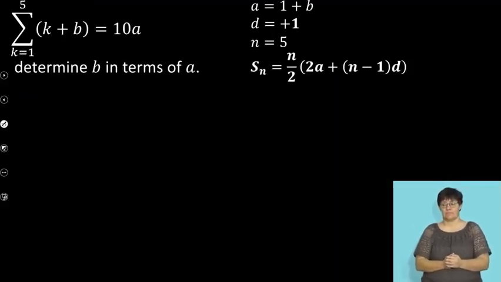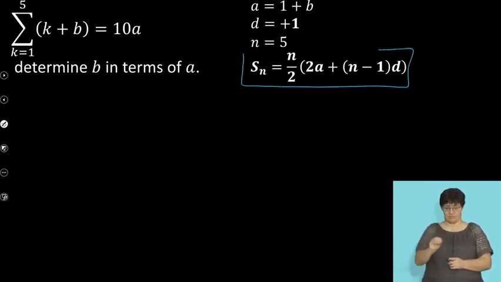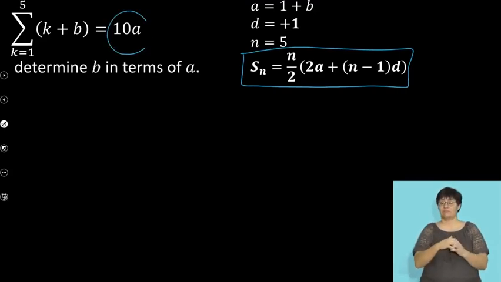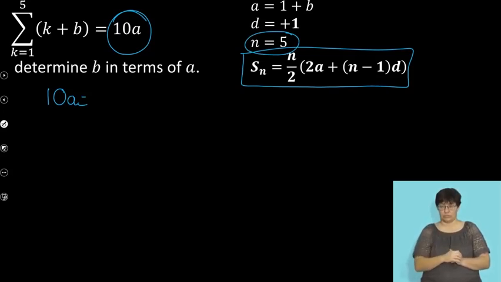So we are going to substitute into this formula over here. We know that the summation, the Sn, is 10a. So I'm going to have 10a is equal to n over 2, and we know that 5 is my n. So I'm going to have 5 over 2, 2 times a, and I know that a is 1 plus b.